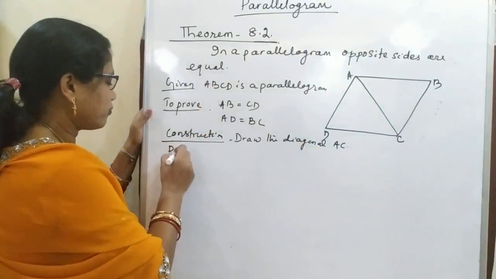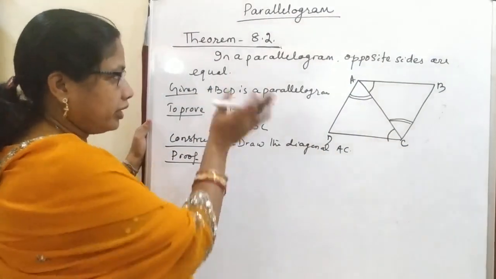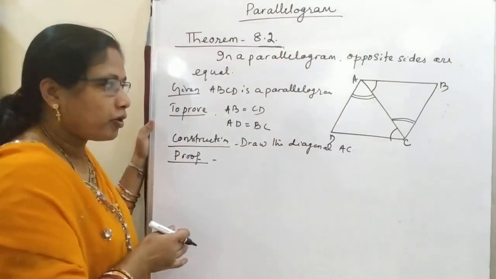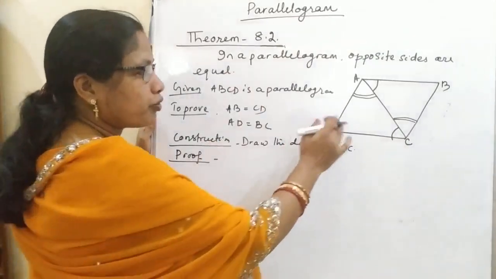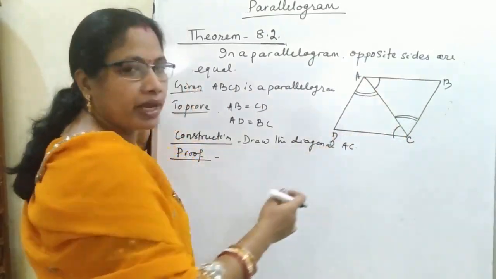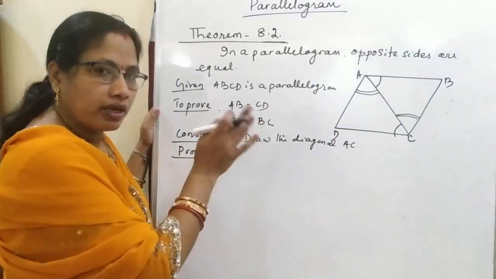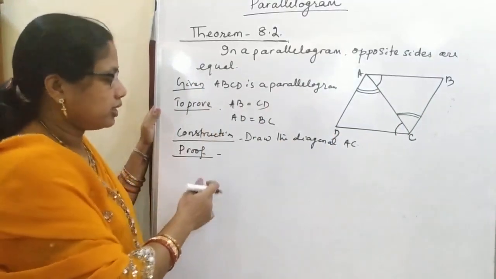Then the proof. In our previous theorem 8.1, we have already proved that by the diagonal AC, the parallelogram ABCD is divided into two congruent triangles. In that way, we will prove this.